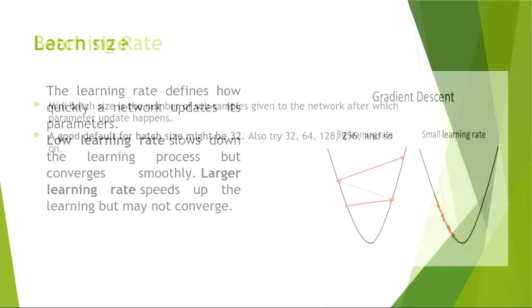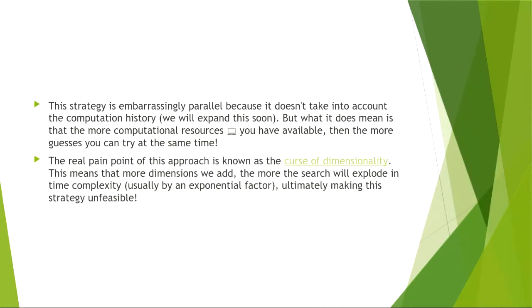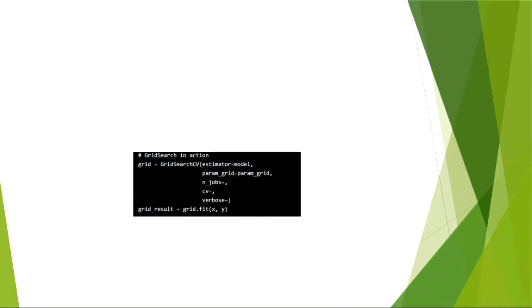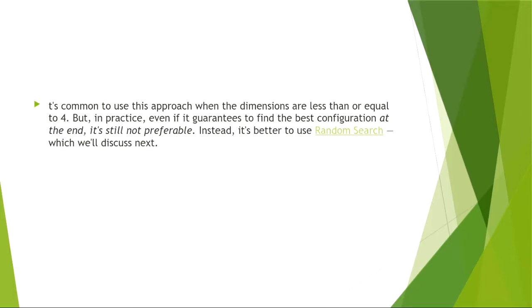Up till 3 or 4 dimensions, this grid search will work, but after 4 dimensions, this won't work for a large network. That's why this approach cannot be applied to a large network.